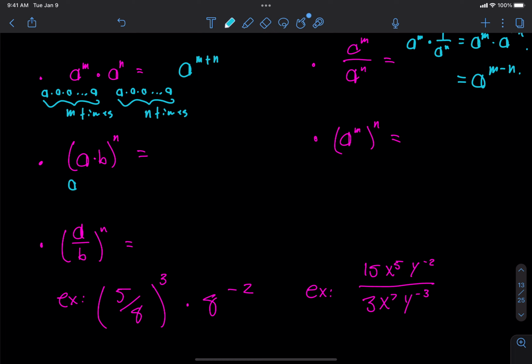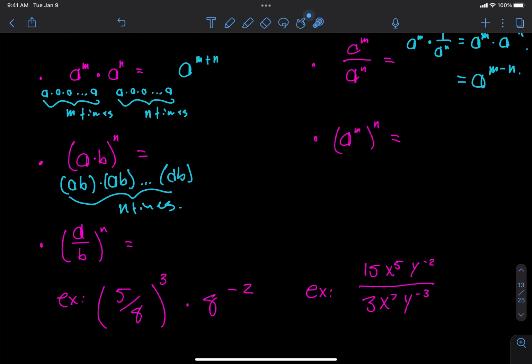Because this is ab times ab dot dot dot times ab, where we do this n times, right? And you can see I'm going to have in the end exactly n a's and n b's. Since multiplication can be done in any order, I can just rewrite this as a times a dot dot dot times a n times, and then times b dot dot dot times b n times, which would again be a to the n times b to the n.